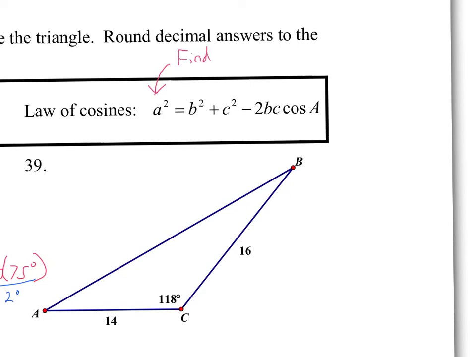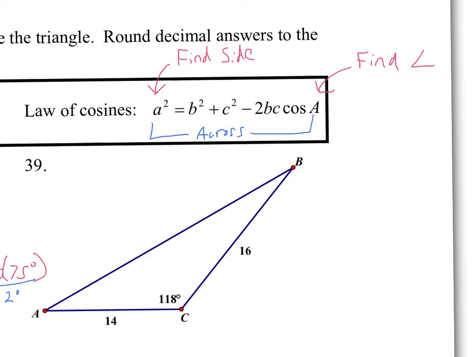If you're trying to find an angle, let it be this angle. Well, that's the only angle in the formula. And no matter what you're trying to find, whether it's a side or an angle, these two have to be across from each other. So I'm going to find a side.